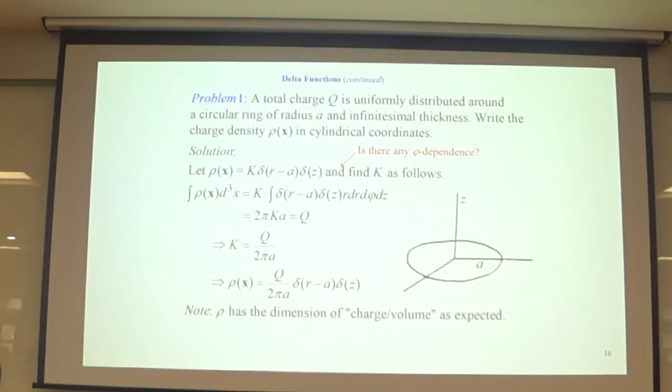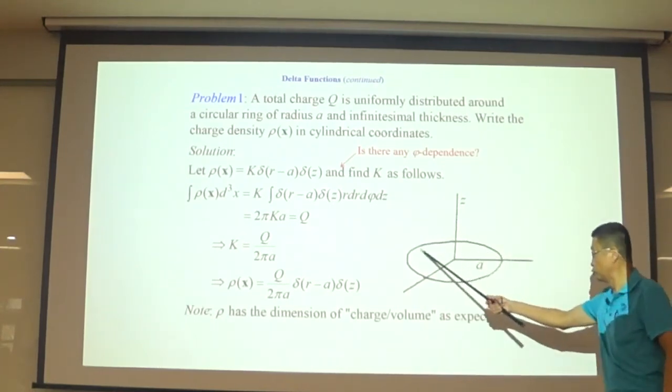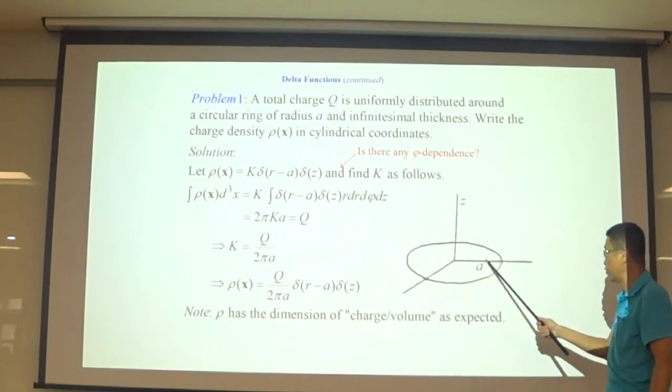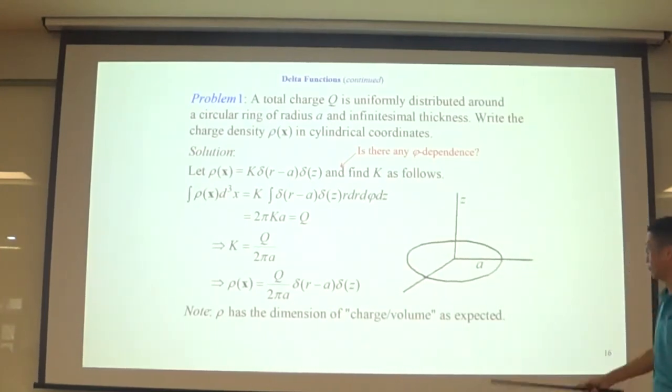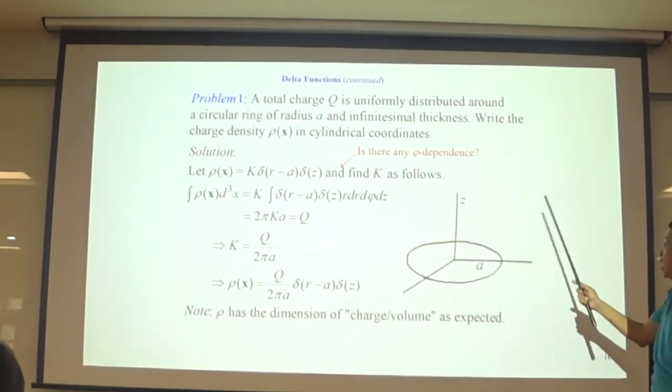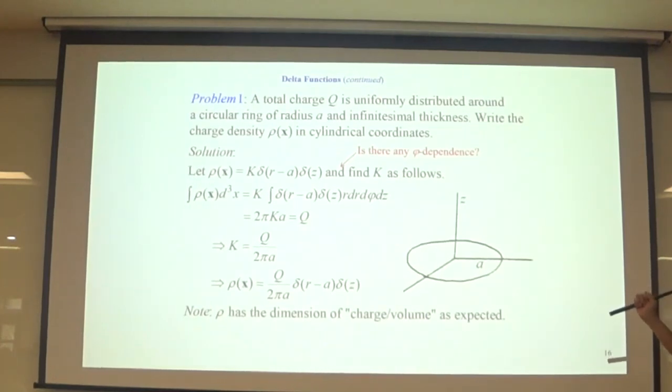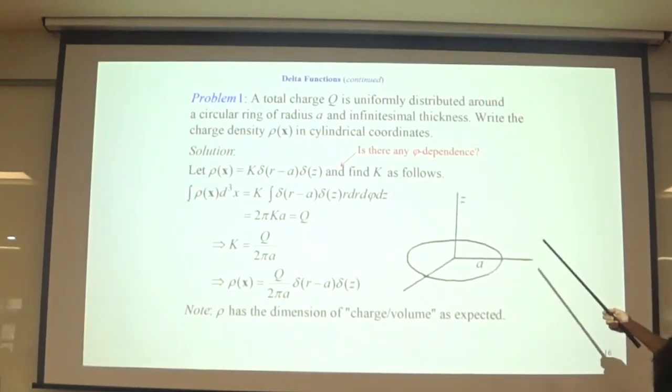We have 3 problems now. Problem 1. A total charge Q is uniformly distributed around a circular ring of radius a. A circular ring of radius a, radius from here to here, and infinitesimal thickness.